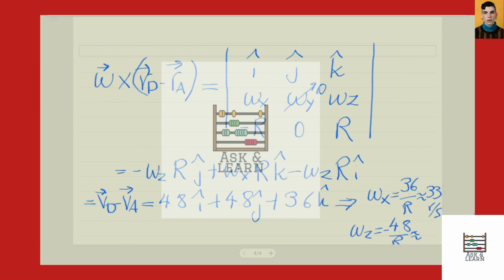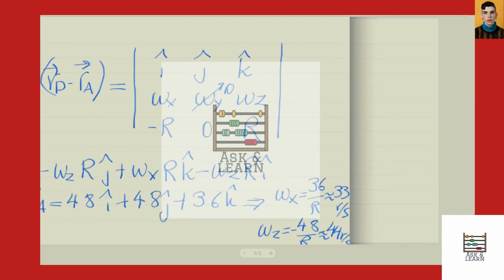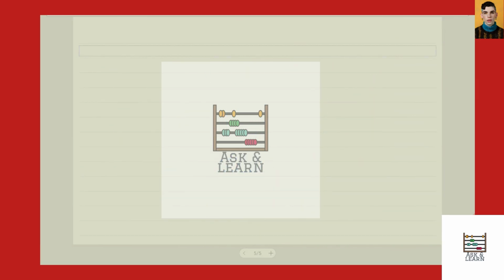So now that we have the full value for the angular velocity, let's write it again for convenience in terms of r.